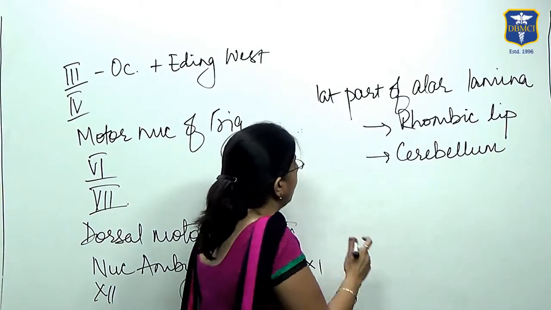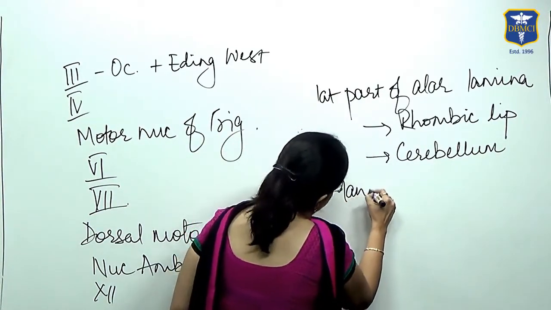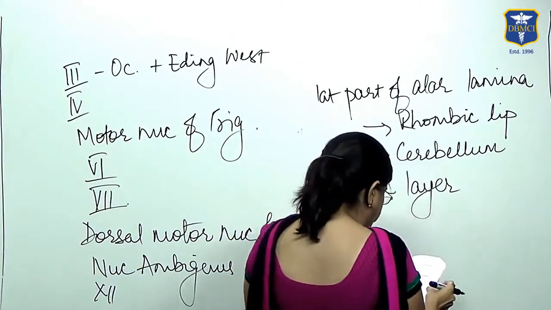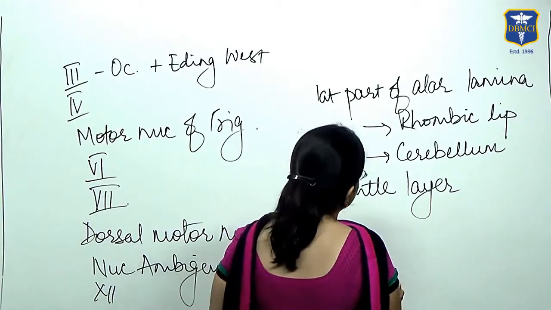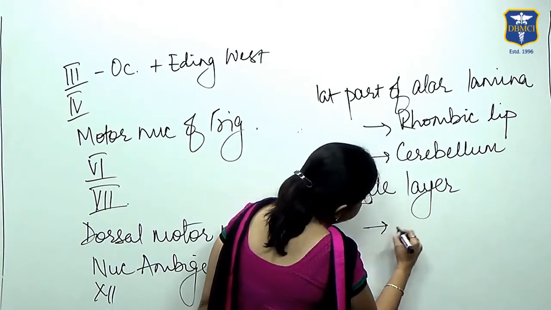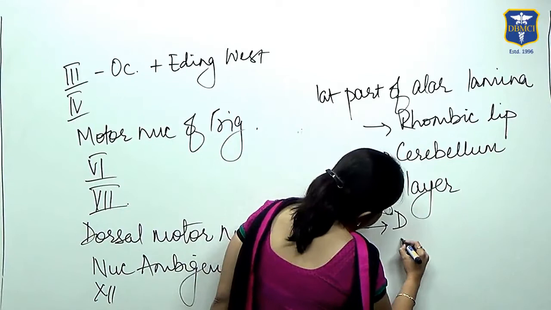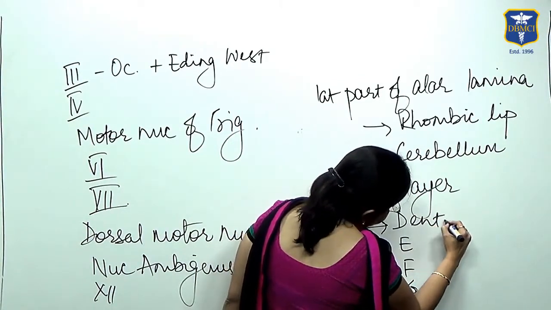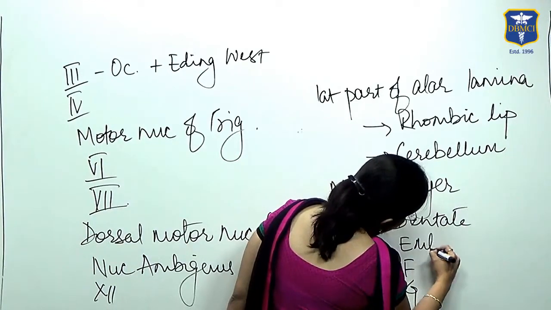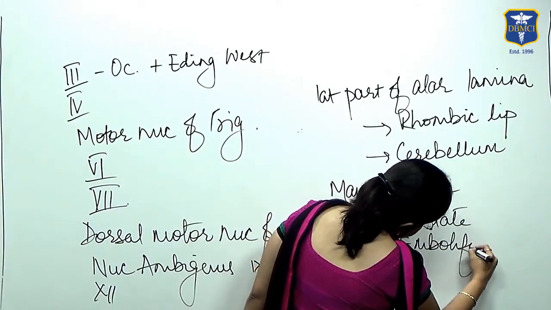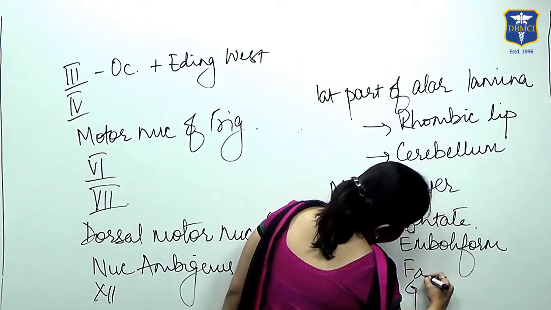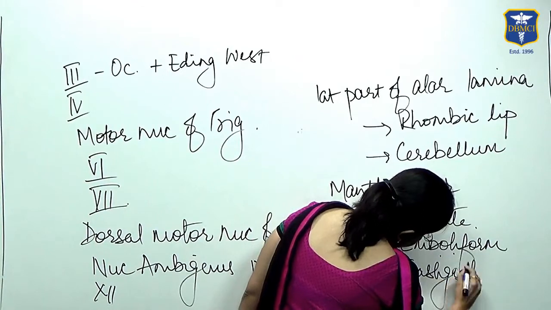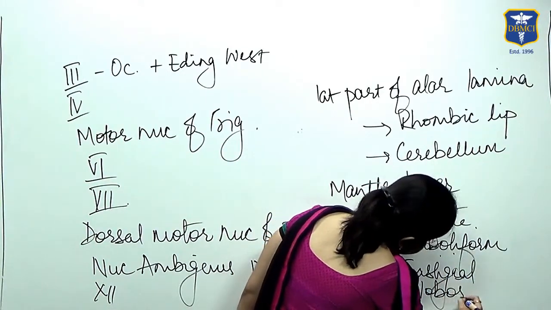The cells of the mantle layer, which do not migrate into the cortex, form the nuclei of the cerebellum, which are dentate, emboliform, vestigial, and globose.